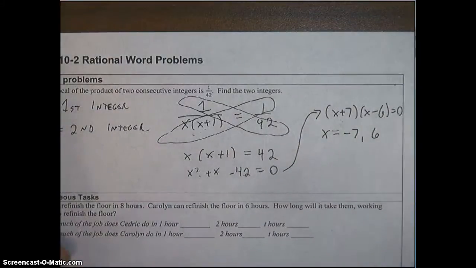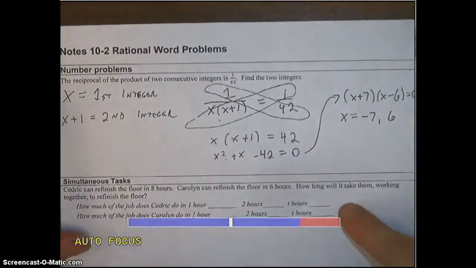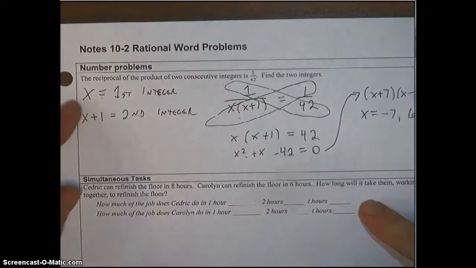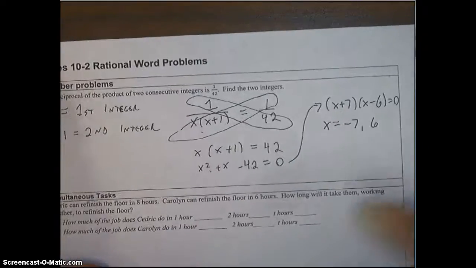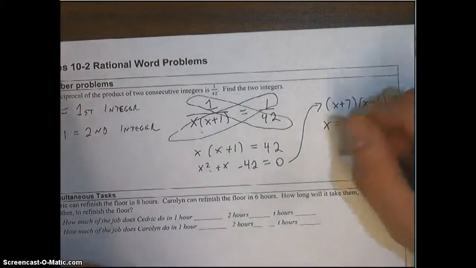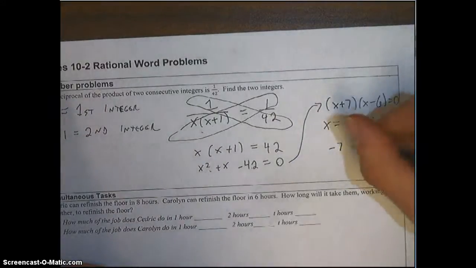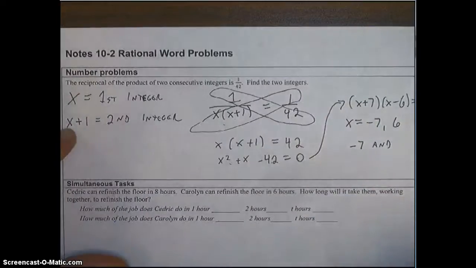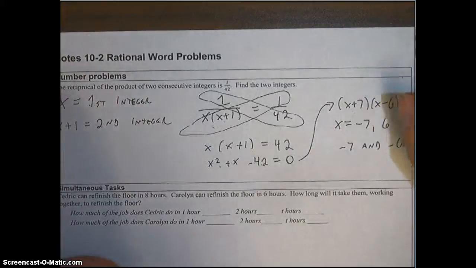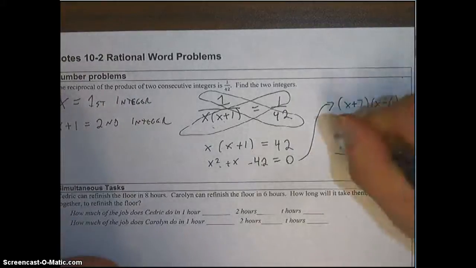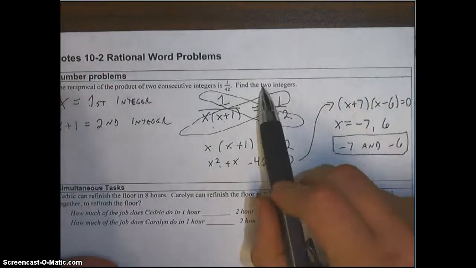What does that mean? Well, that's why I like to define my variables at the very beginning. So x is the first integer. So I've got two options here. If -7 is the first integer, then the second one, x plus 1, is -6. So that's one of the two solutions, because I'm trying to find the two integers.